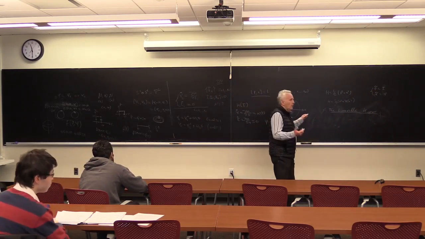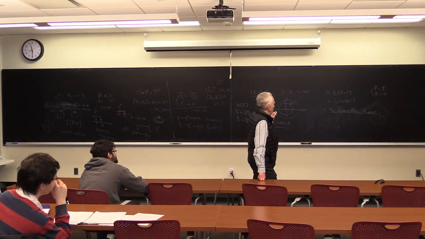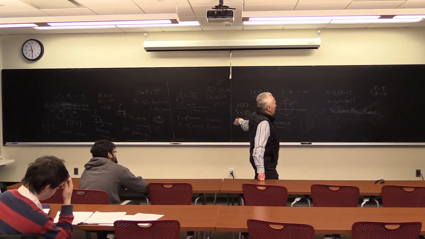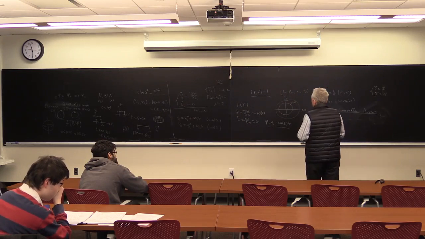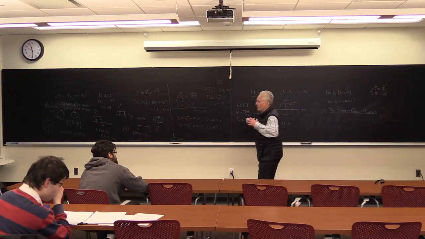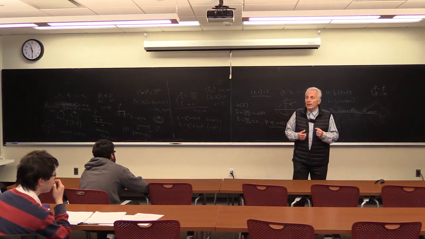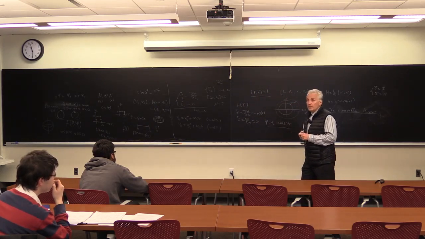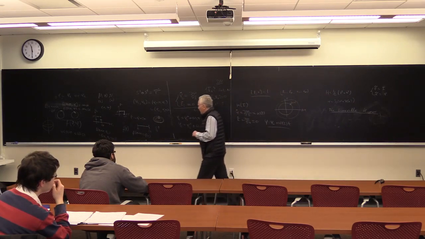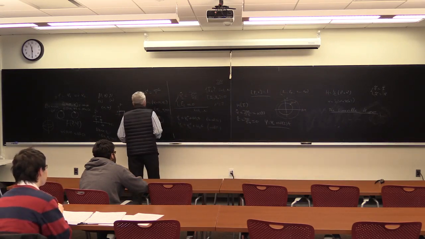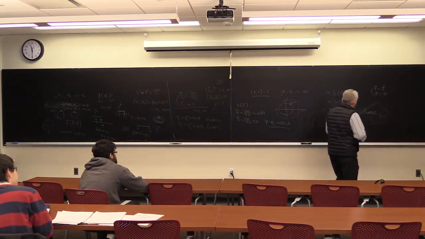By the way, one more comment about Liouville. I think I forgot to say this before: the statement that under canonical transformation the phase volume doesn't change is also called the Liouville theorem. So you encounter this name.